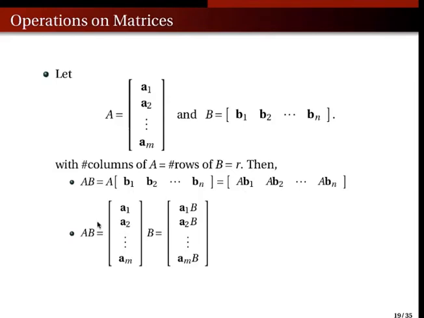Another way of looking at it, still your AB, this time we wrote this representation for A, and B is still on the right side. Here A is on the left side of B, and here B is still on the right side of A. In this form, it looks like we are distributing your B, and B remains on the right side.